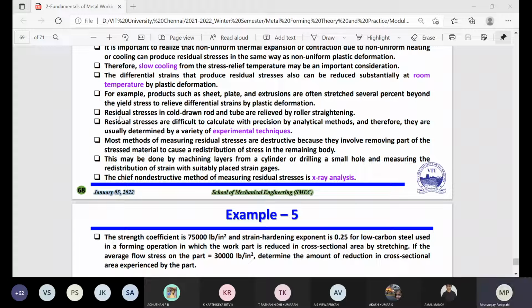What is the equation? K epsilon power n by 1 plus n equal to average flow stress. Please do. At least strain you can find out, and then we will go to the next step.